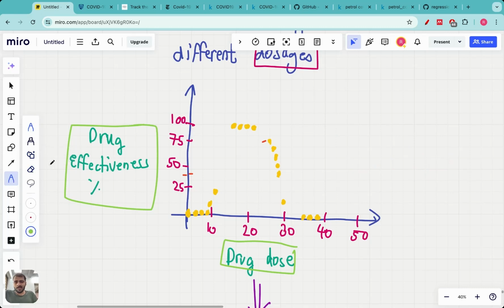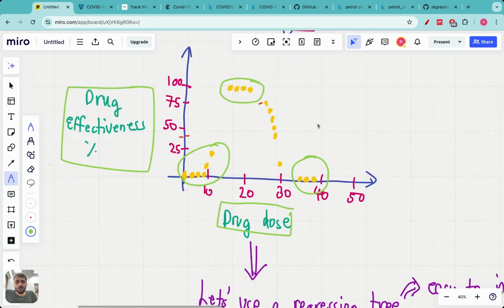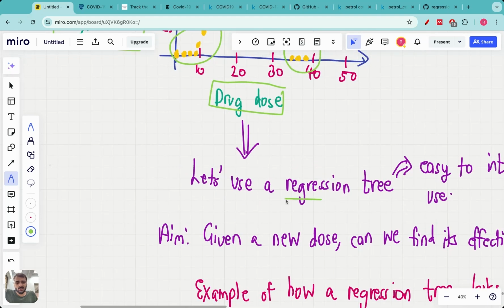And one more way to think about this is that wherever there are points of high magnitude, such as these points, they are always surrounded by points of low magnitude, such as on the left and on the right. This is a perfect representation of a data set which is not ideal for linear regression. Such kind of clusters, which you can see in a non-linear manner. And to solve this problem, we are going to use a regression tree.